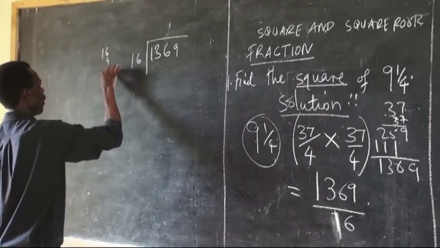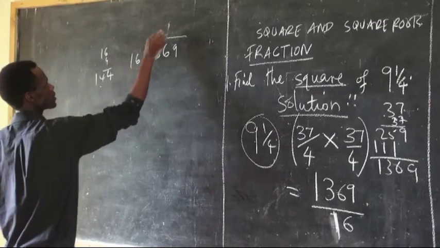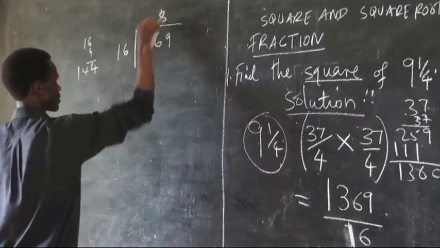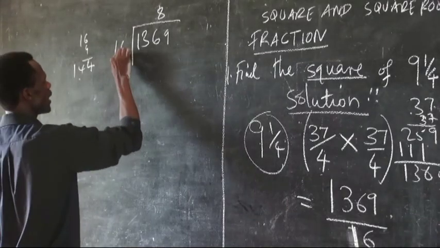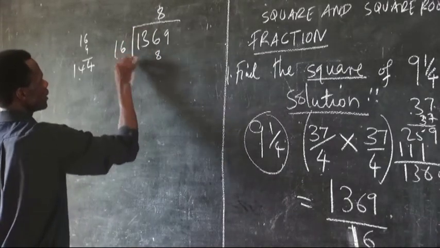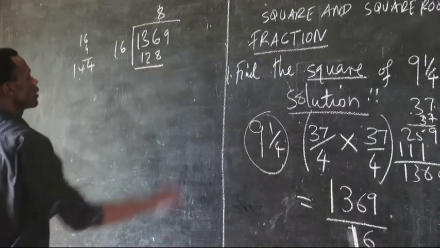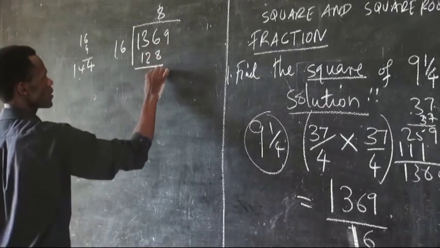It is 144. Now it is times 8, and 8 times 8 is 64. Now 16 minus 8 is 8.